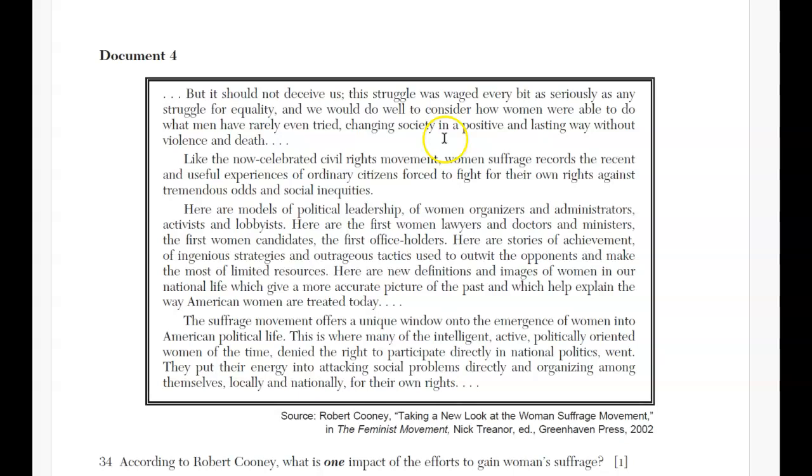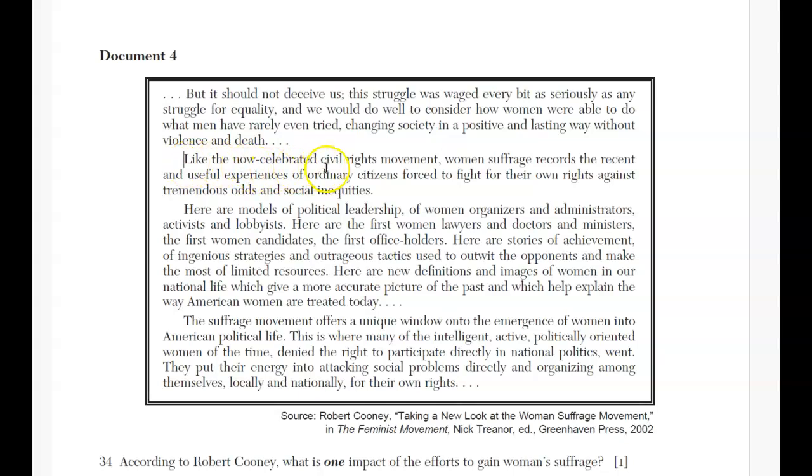This struggle was waged every bit as seriously as any struggle for equality, and we would do well to consider how women were able to do what men have rarely even tried, changing society in a positive and lasting way without violence and death. Interesting.